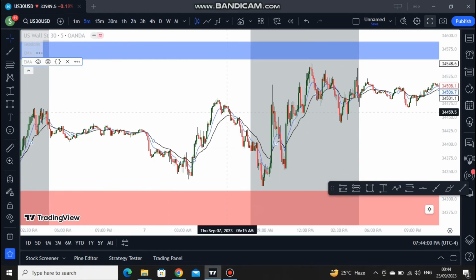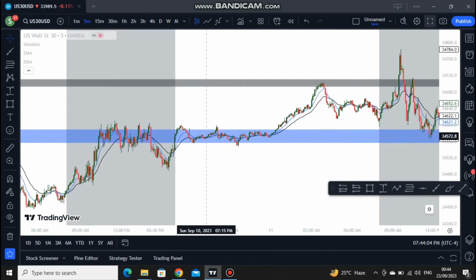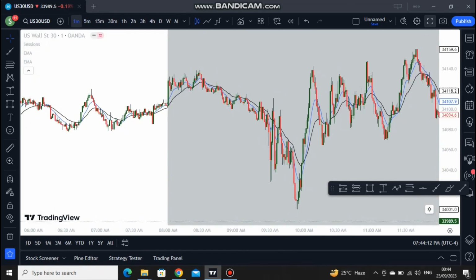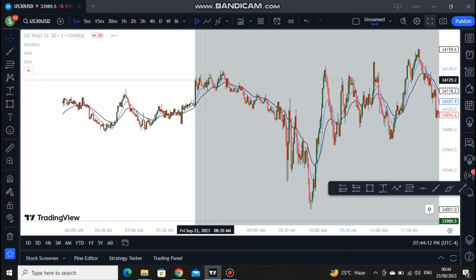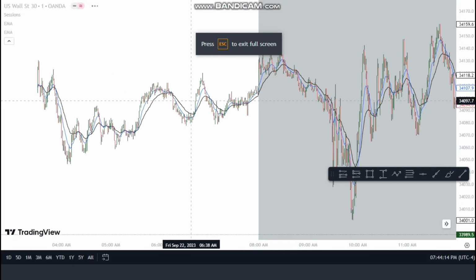So how do I enter trade with this? It's just very simple. You can see the way the trades go. Let me go to the 1 minute. So on the 1 minute chart, I wait for the market to come to my zone.